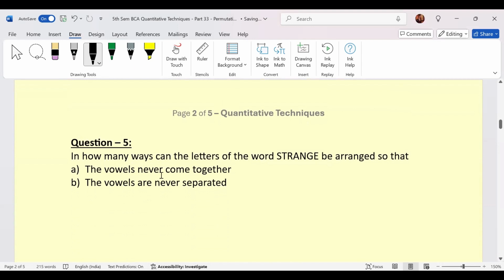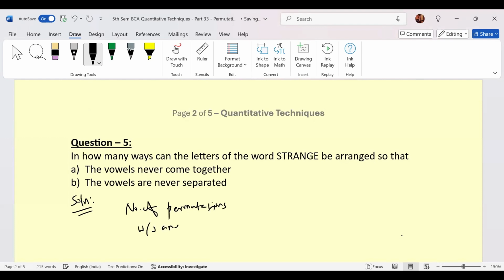In how many ways can the letters of the word strange be arranged so that the vowels never come together, the vowels are never separated? First of all, we will find out without any conditions what is the number of permutations.